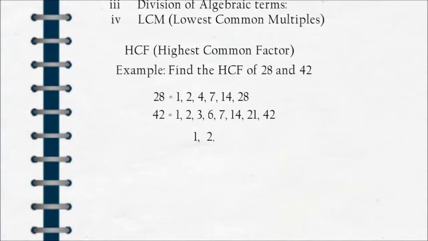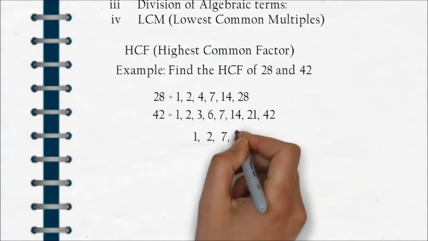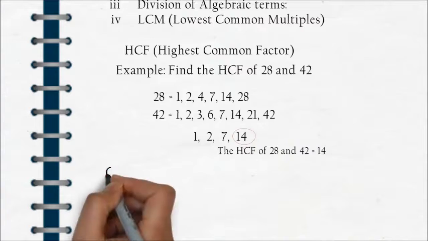In 28 we have 7, also in 42 we have 7. In 28 we have 14, also in 42 we have 14. So they have 1, 2, 7, and 14. And the highest of them is 14. What that means is our HCF is 14.